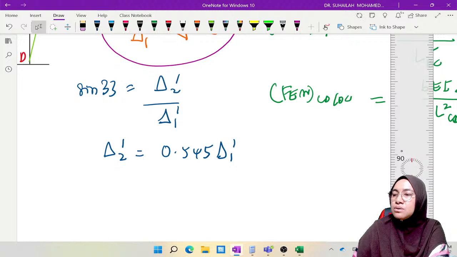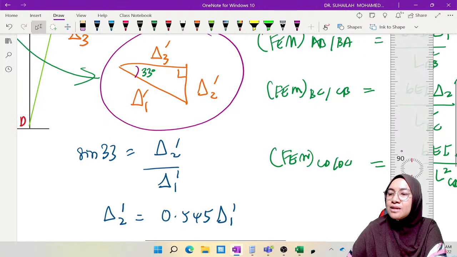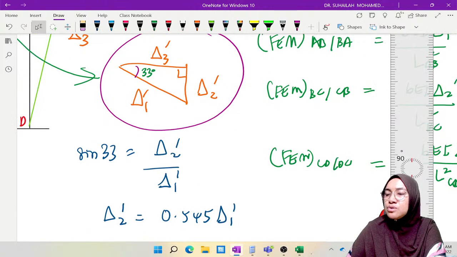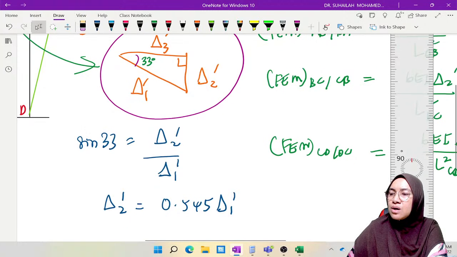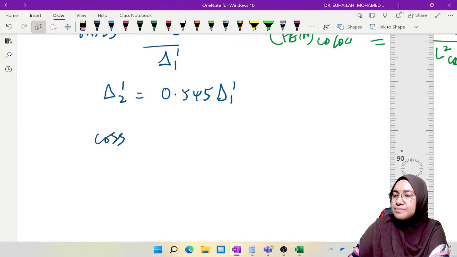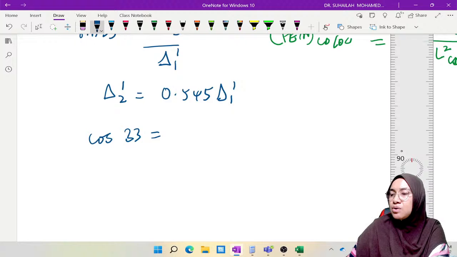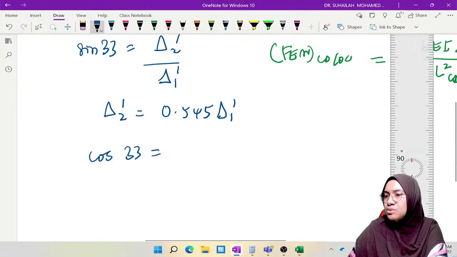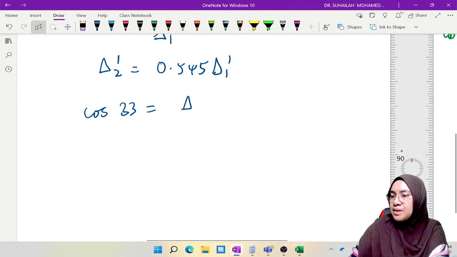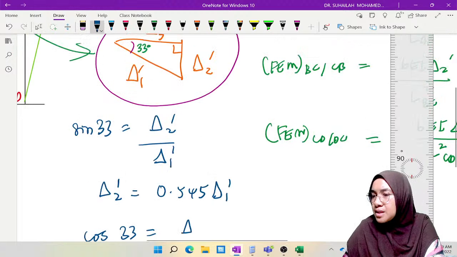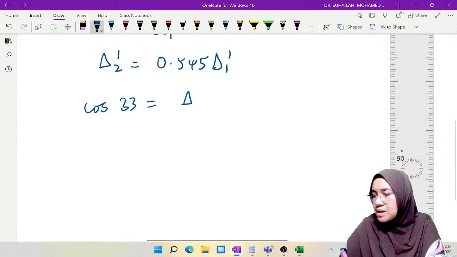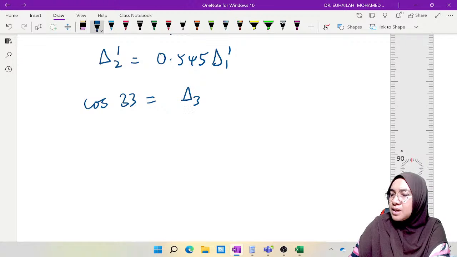Okay, so for delta 3 and delta 1, we use cos. Cos 33 equal to delta 3 prime over delta 1 prime.